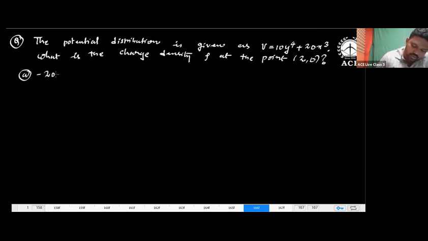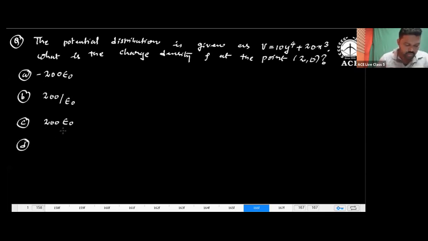Option A, minus 200 epsilon naught. Option B, 200 divided by epsilon naught. Option C, 200 epsilon naught.